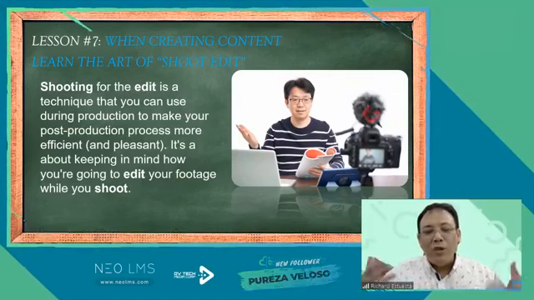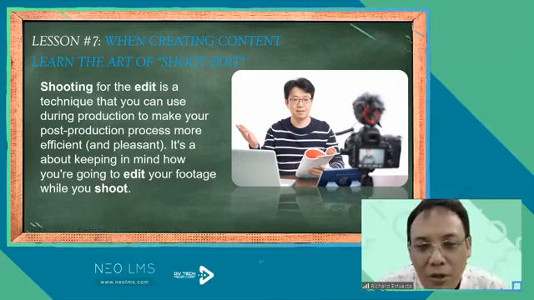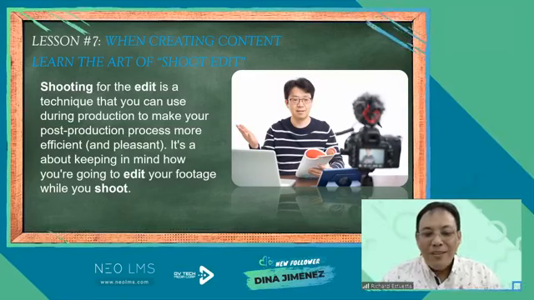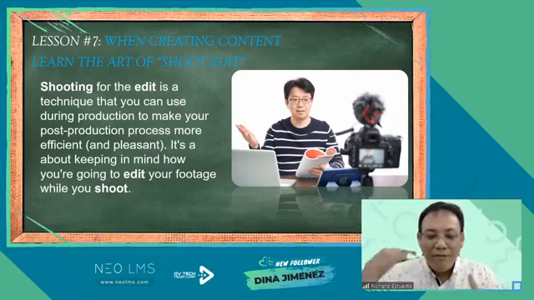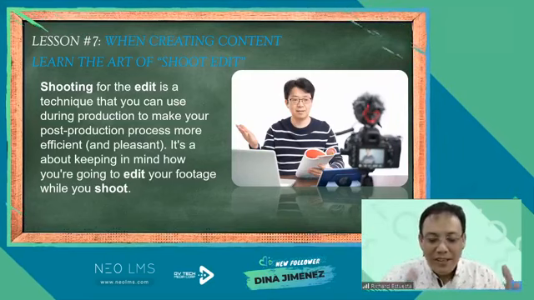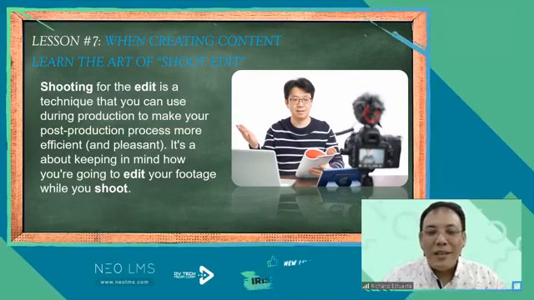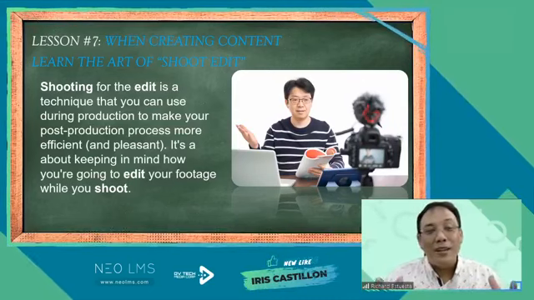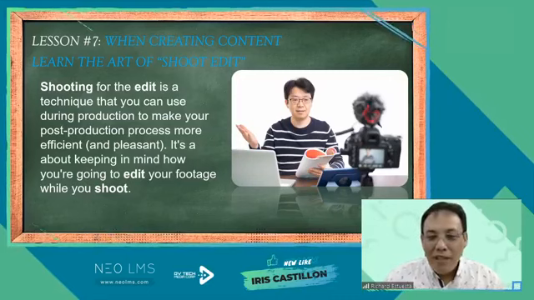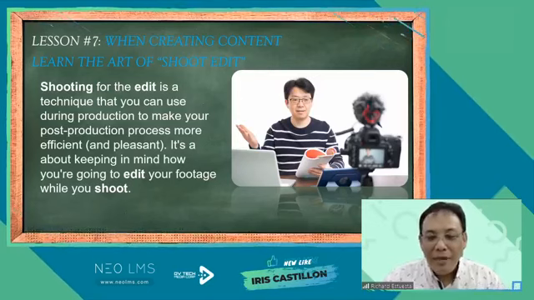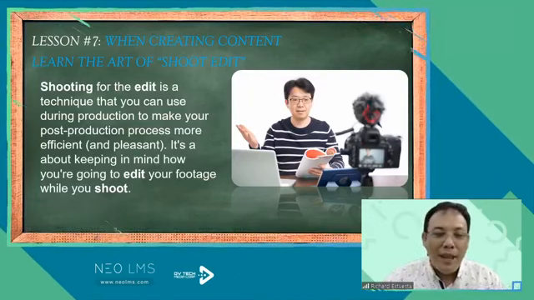Meaning, if you were shooting wide, then you shoot closer and use that as a transition. It's about keeping in mind how you're going to edit the footage in the future. So basically, you're just really capturing those parts that you will be needing. Okay, so this is a technique that was actually practiced by all of the videographers and production companies before editing became very prominent.